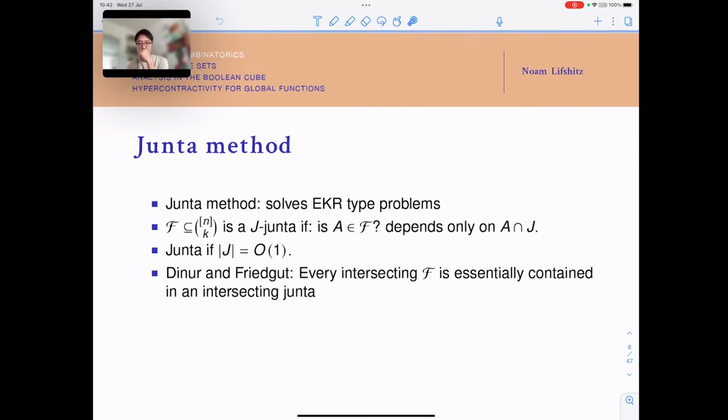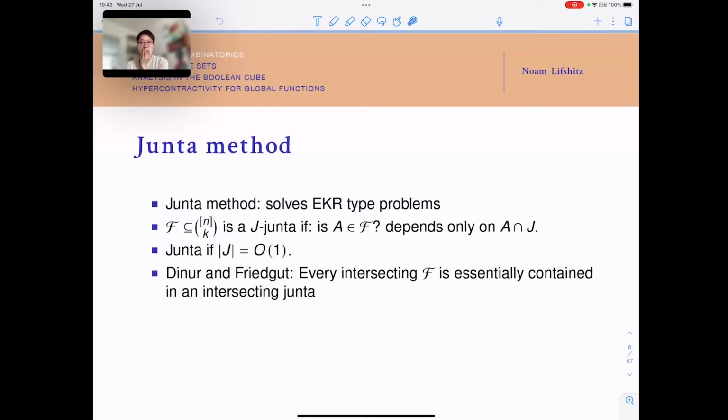The case of interest is the case where J is of constant size. This generalizes the notion of a dictator. And what Dinur and Friedgut showed is that not only the largest intersecting family is a dictator, but actually every intersecting family is essentially contained in an intersecting junta.